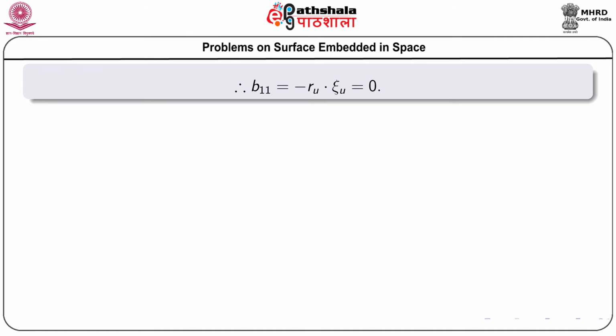Now, if I find xi u and then take the inner product or dot product with Ru, we get B11, and if we perform this, you can easily calculate that B11 is coming to 0.